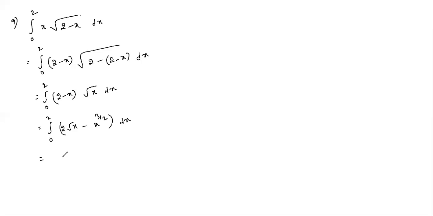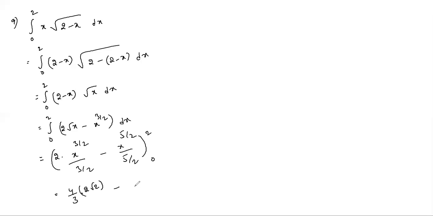Simple integration root x is x power 1 by 2 plus 1, 3 by 2 by 3 by 2. X power 3 by 2 plus 1 is 5 by 2 by 5 by 2 between the limits of 0 to 2. So this is 4 by 3 into 2 power 3 by 2. 2 power 3 by 2 is 2 root 2 minus 2 by 5 into 2 power 5 by 2.